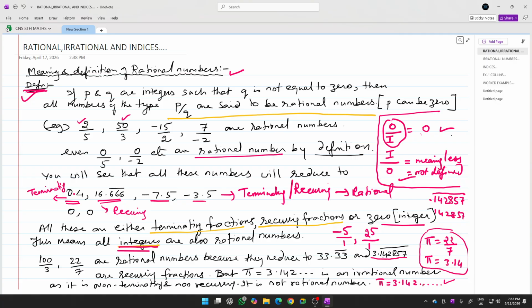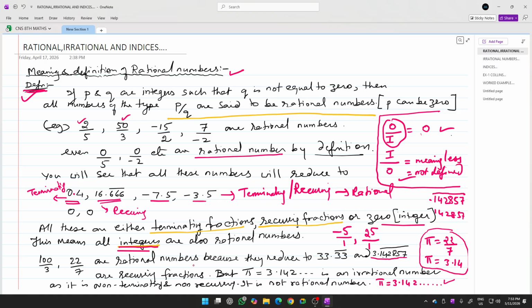If it was recurring, then definitely it would be a rational number, but it is not recurring. So actually the pi value is an irrational number, but when you take it as 22 upon 7 or as the approximate value 3.142, it is treated as a rational number. This I wanted to make very clear.